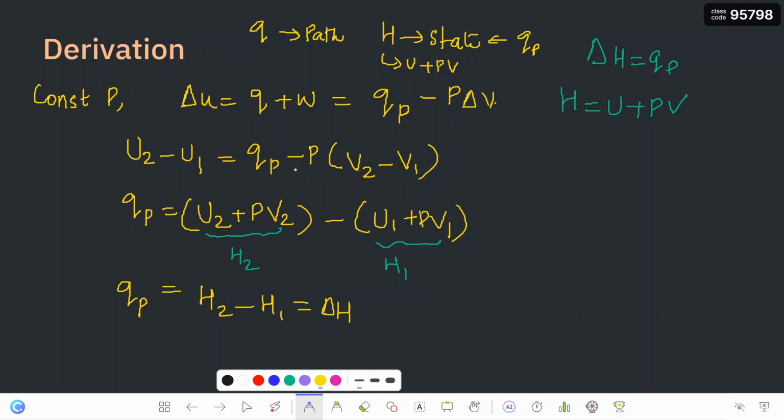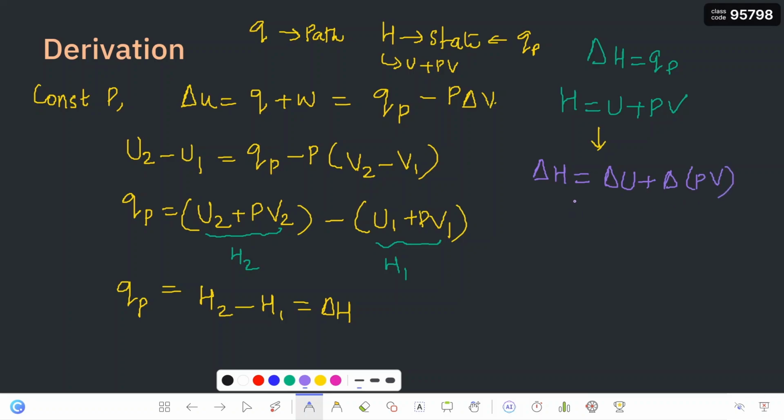Now, finite changes at constant pressure. If we are taking H is equal to U plus PV, and further deriving, we can write the change delta H is equal to delta U plus delta of PV.